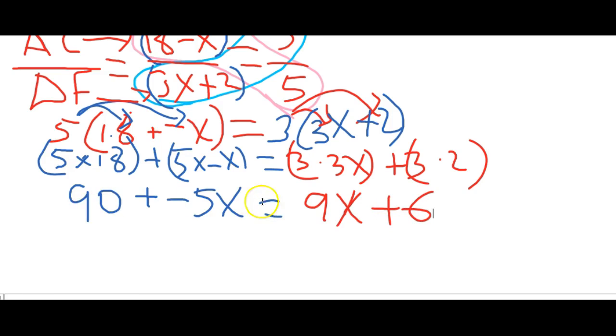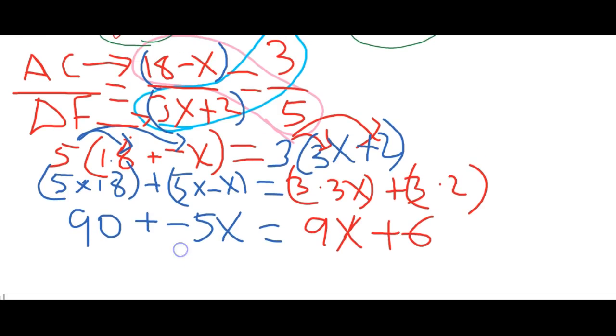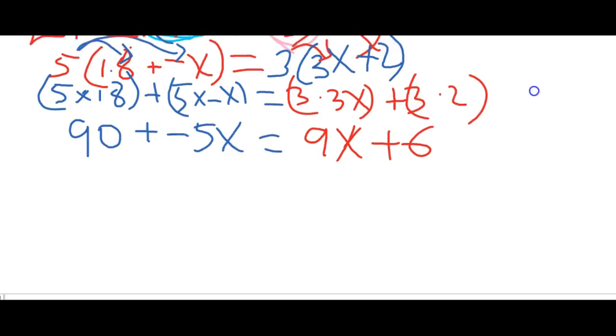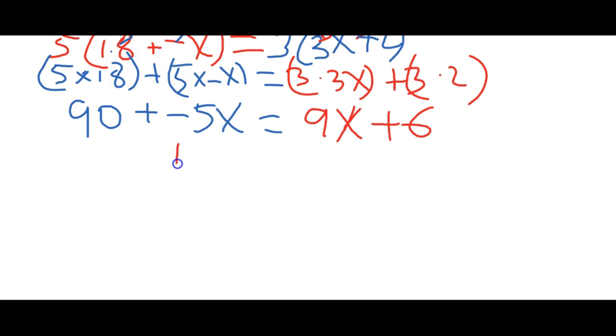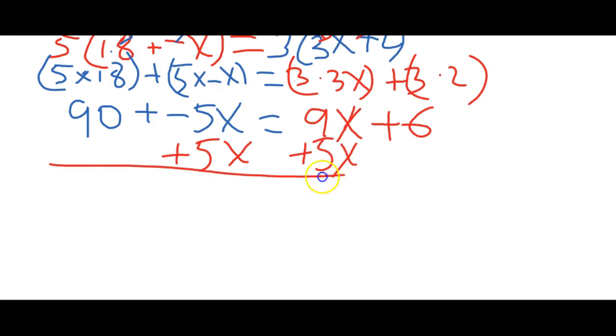There we go. So the parentheses are gone. Now we're going to collect like terms and move them to one side. Here we have 9x and negative 5x, so it's easier to move the smaller one. So we're going to add 5x to both sides. You add only to like terms.